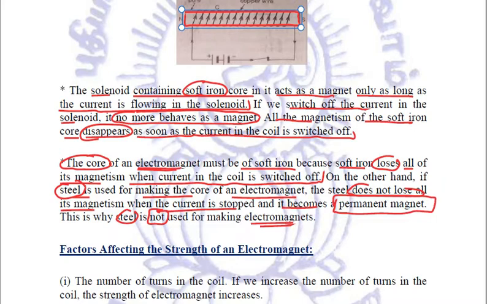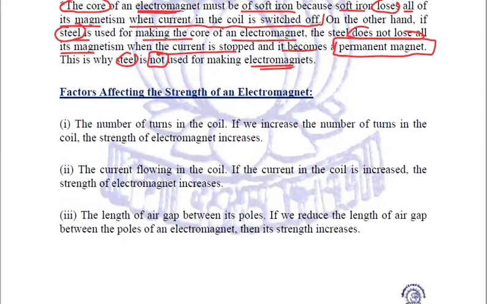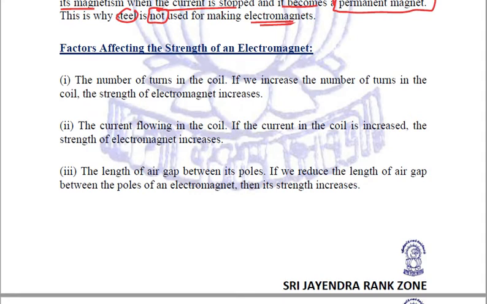Got it? Now talking about the factors affecting the strength of an electromagnet. There are various factors. Let us see one by one. The first factor is the number of turns in the coil. The strength of electromagnet is directly proportional to the number of turns, which means that if we increase the number of turns in the coil, the strength of electromagnet will also increase.